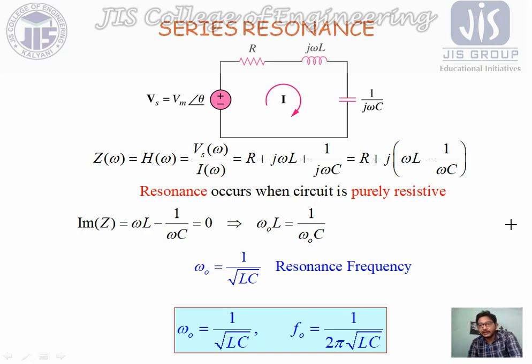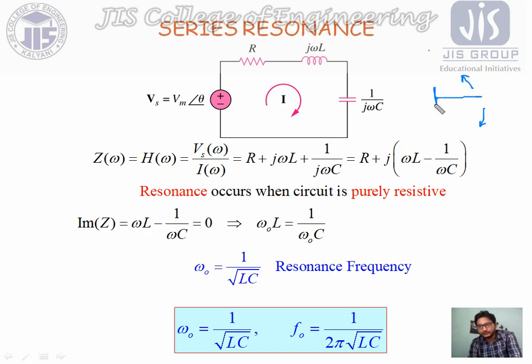As we know, an inductor tries to lag the current, and similarly a capacitor tries to lead the current. Suppose a door is there, and the door can be opened in both sides. This is the wall.